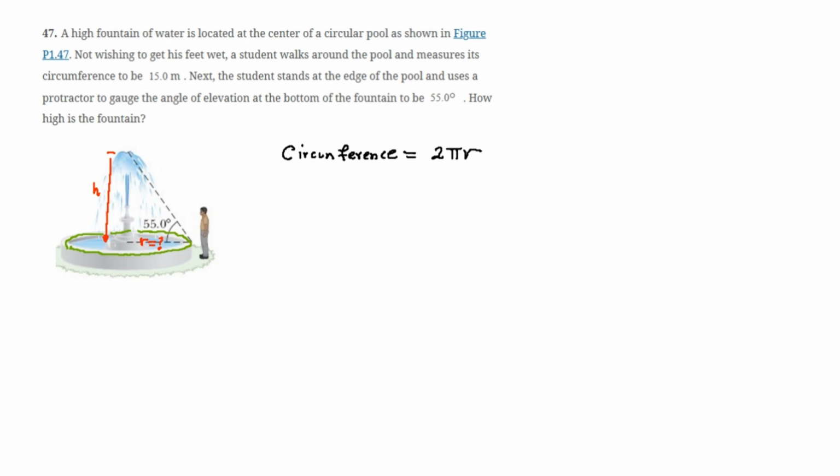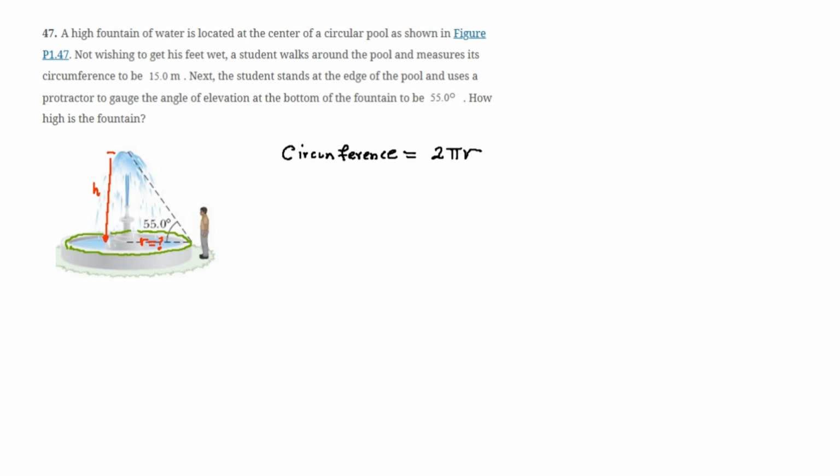I want to calculate the radius because at the end, what I have is a triangle. When I measure the angle with the protractor, I have the angle of elevation. I want to find the height, so I need the other side of the triangle, in this case the radius of the pool. Since I measured the circumference, I can calculate that radius.